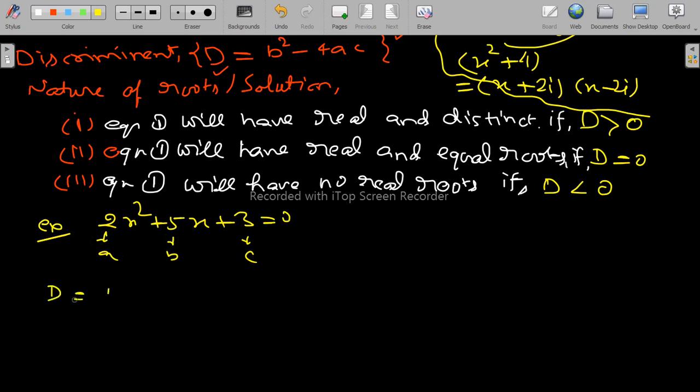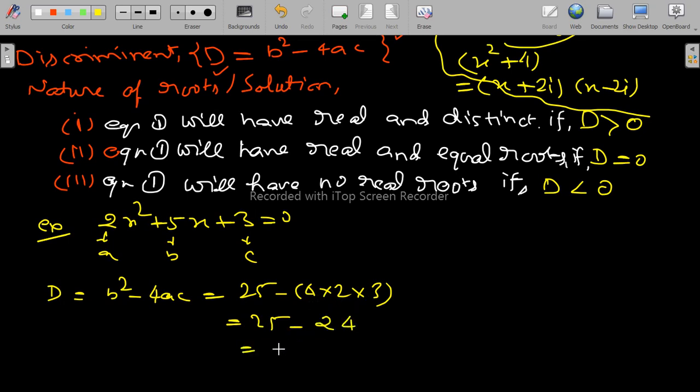So the discriminant is b square minus 4ac. b square means 5 square, which is 25, minus 4 into a is 2, c is 3. 4 times 2 is 8, and 8 times 3 is 24. 25 minus 24 is 1. The discriminant is positive. So this equation will have real roots, real and distinct.